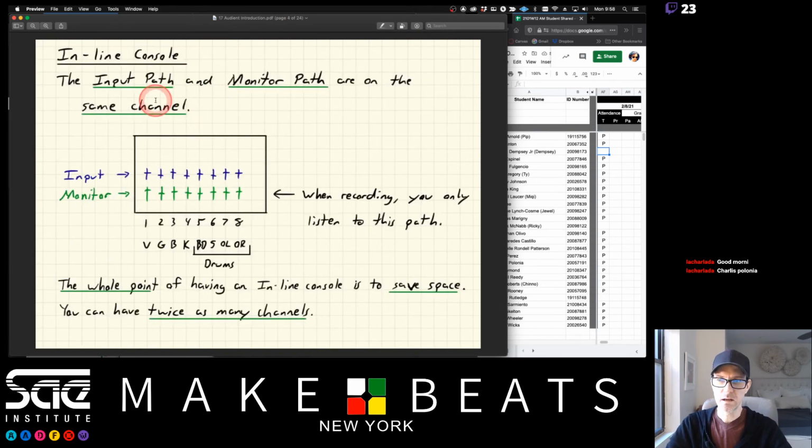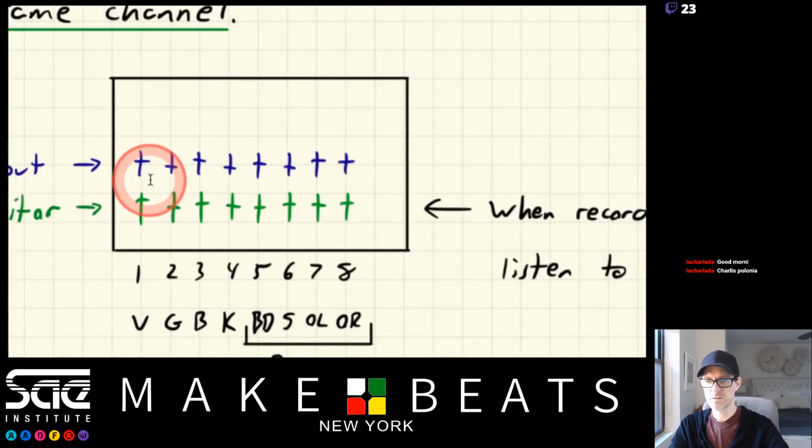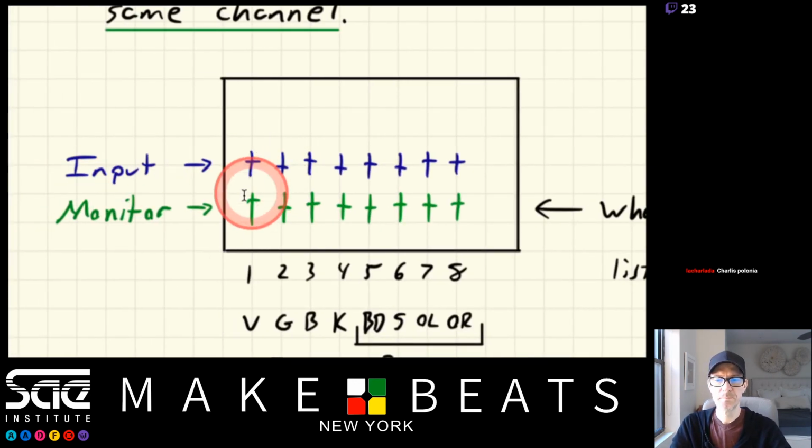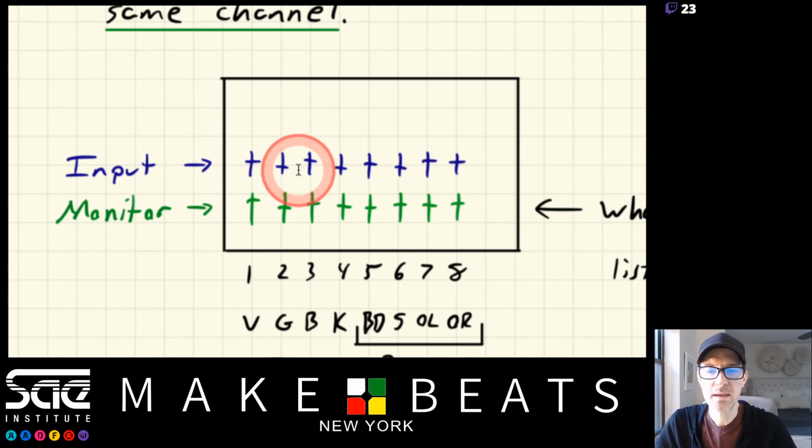So an inline console is different from a split channel console in that the input path and the monitor path are on the same channel. Here's a little diagram of an inline console, and you can see that the monitor path has a row of faders across the bottom, and this is exactly what they look like, and the input path has a row of faders across the top.